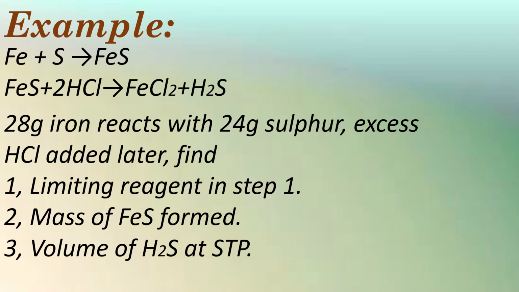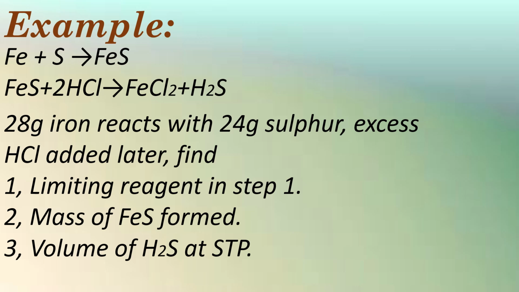So 28 gram iron, the mass of iron is given, and 24 gram sulfur, the mass of sulfur is given. Excess HCl is added later. In step 1, we have to find which of them is the limiting reagent, either iron or sulfur.